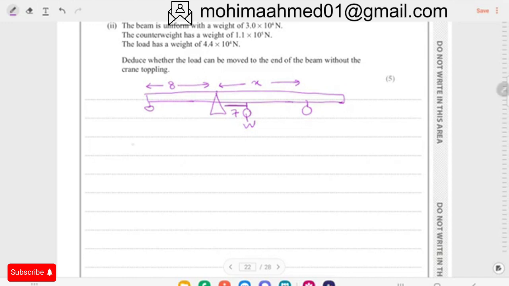So now we can write the moments. Sorry, it was supposed to be clockwise moment and anti-clockwise moment. So clockwise moment is equal to anti-clockwise moment.